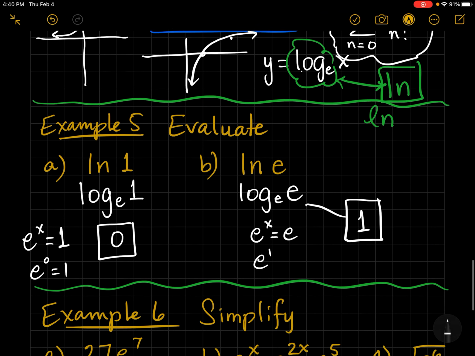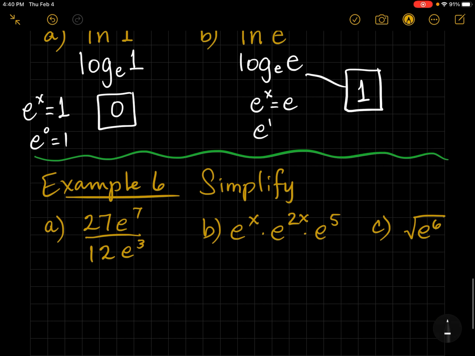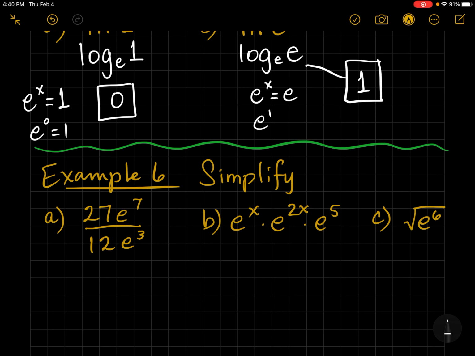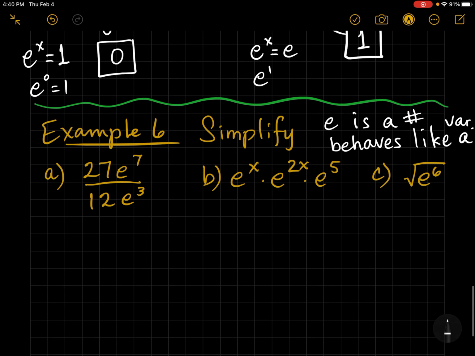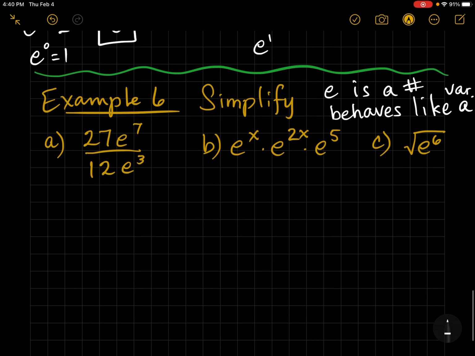Now what I want to tell you about e is that it's a number, but it behaves like a variable at times. Let's simplify part A right here.